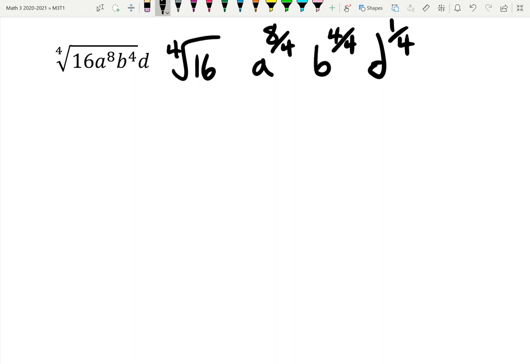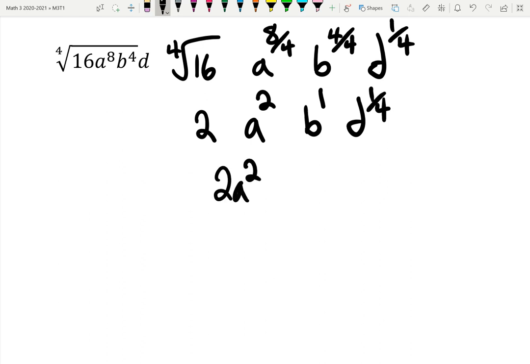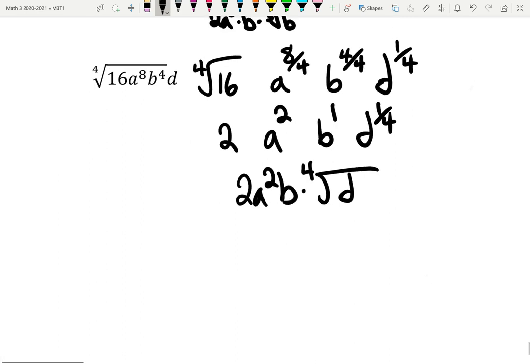Now, what number times itself 4 times is 16? 2, a squared, b to the first, and then d to the 1/4 is going to stay the same. So when I combine it together, d is going to be in a radical. d to the first power, to the fourth root.